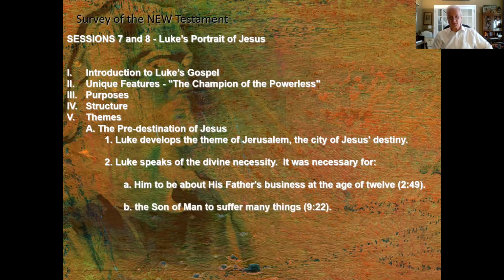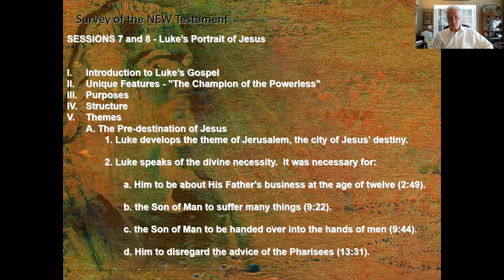Then Luke says it was necessary for the Son of Man to suffer many things, or Luke puts those words in Jesus's mouth. It is necessary for the Son of Man to be handed over to the hands of men in chapter 9, verse 44. It is necessary for him to disregard the advice of the Pharisees, chapter 13, 31. It was necessary for him to suffer many things and be rejected in chapter 17, verses 24 and 25.